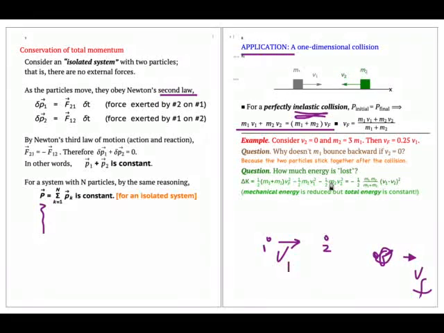Let's calculate the change in energy. The only energy involved here is kinetic energy. So what's delta K? Well, it's the final K, 1/2 the mass times the velocity squared. So that's 1/2 (m1 plus m2) times vf squared, minus 1/2 m1 v1 squared, minus 1/2 m2 v2 squared, the kinetic energies of the two particles before they collide.